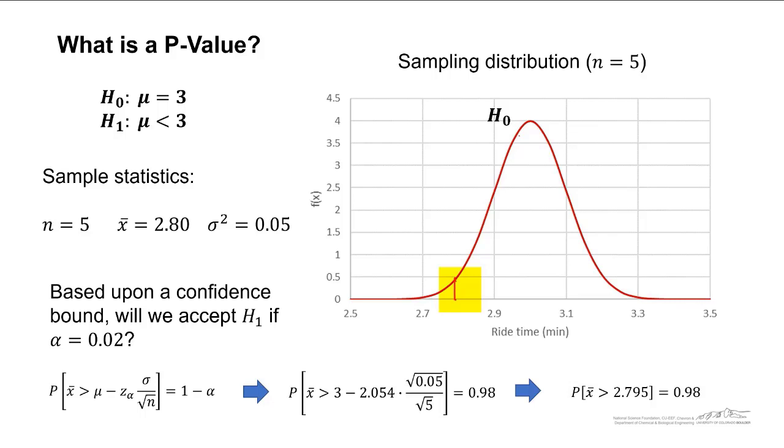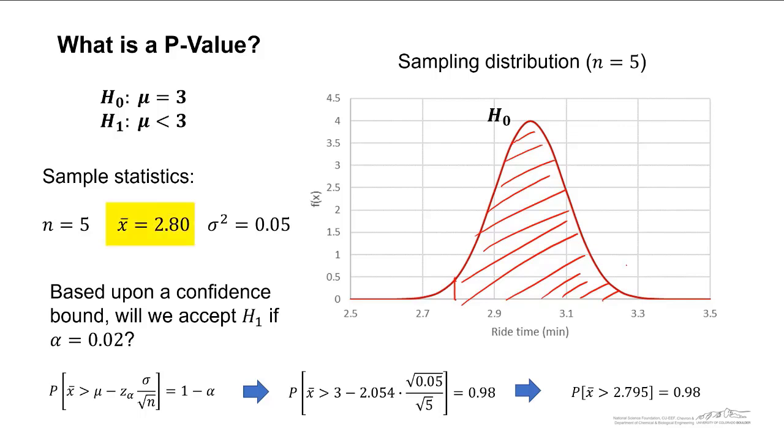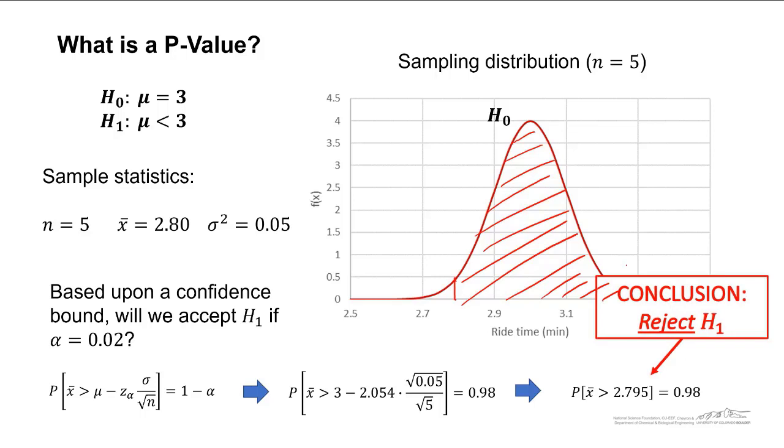We're 98% confident that the sample average, if the true mean is 3, will lie to the right of 2.795. Well, what is our sample average? Our sample average is 2.80. 2.80 is just to the right, just inside of our 98% confidence interval. And so in this case, we're right at the boundary between accepting and rejecting the alternate hypothesis. We're just inside, so we're going to reject the alternate.